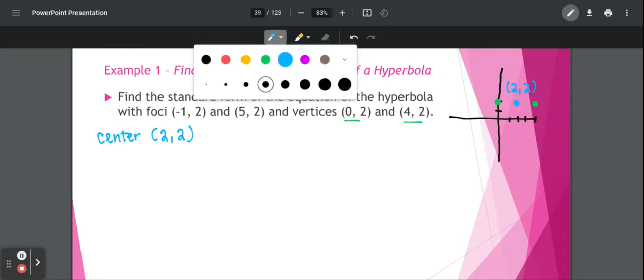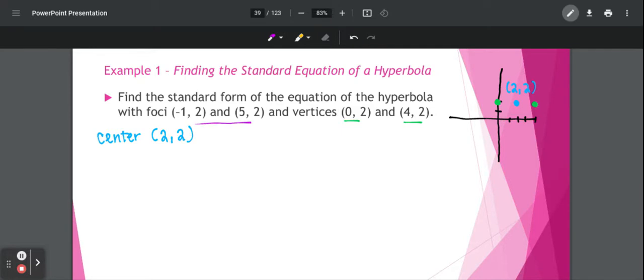And then they tell us that our foci, we'll go purple for foci, are at (-1, 2) and (5, 2). Right? And remember that the distance from the center to the foci is your c value. So if you go from (2, 2) to (5, 2), you went over 3 units.